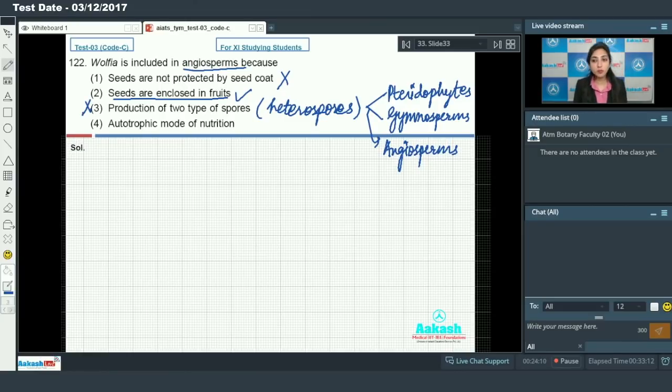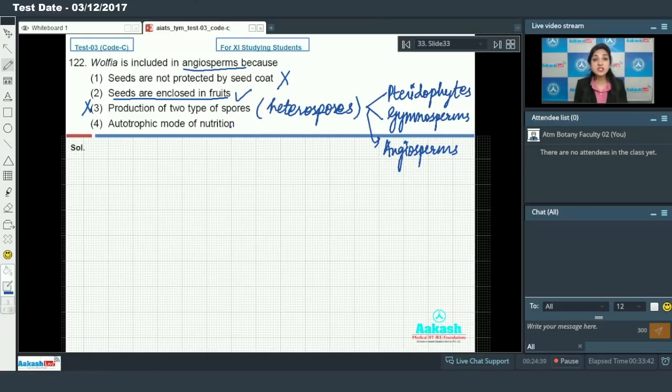Fourth is autotrophic mode of nutrition. Autotrophic mode of nutrition is present in Wolfia. This is correct. But this is not the feature कि हम इस feature की वजह से Wolfia को angiosperms में नहीं place कर रहे. Because autotrophic mode of nutrition is present in all the members of plantae except few. For example, in alga, bryophytes, pteridophytes, angiosperm, gymnosperms, सब में autotrophic mode of nutrition होता है.